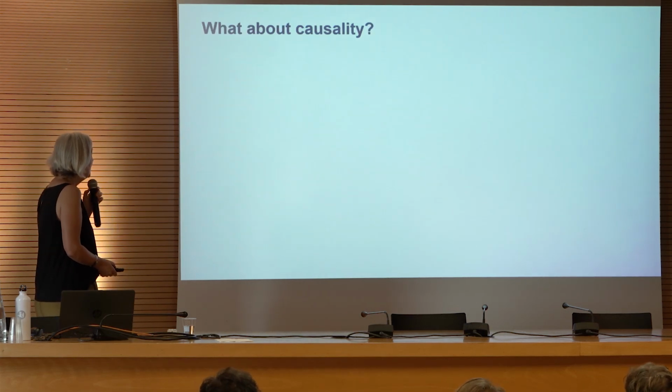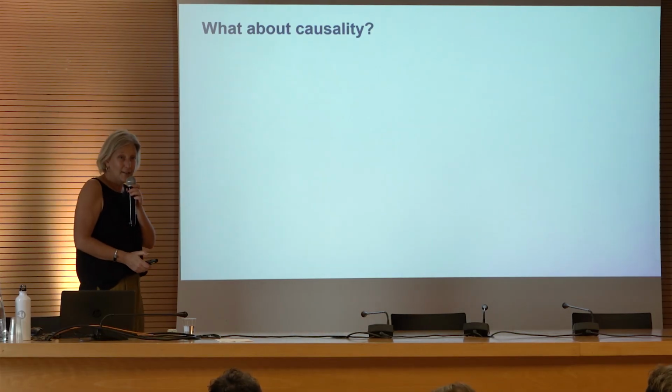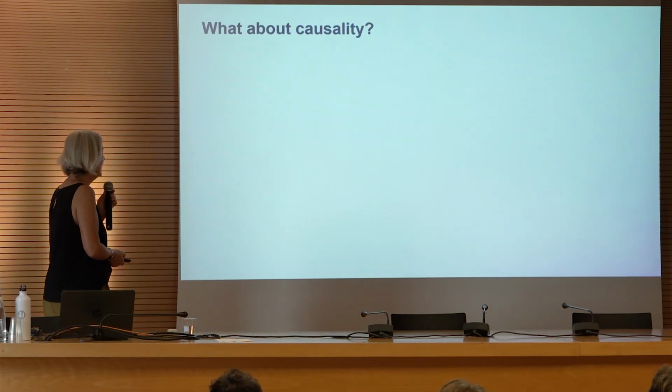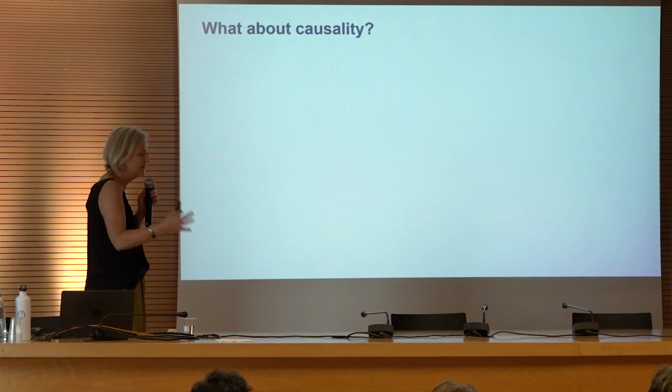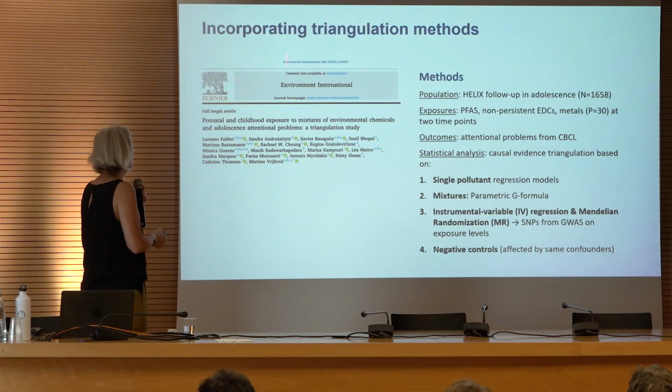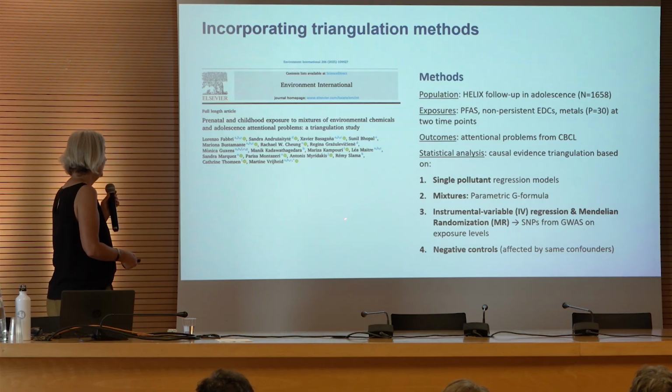So I wanted to finish with a little thinking about causality, because even though we're discovery-driven, there are still things I think we can do to improve causal inference after doing this screening of many variables. And that's mainly through the incorporation of triangulation methods.